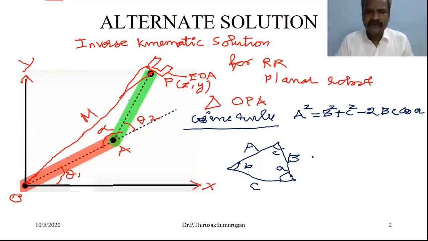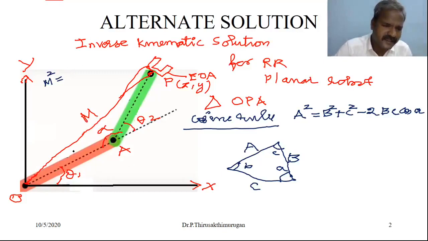I am using this cosine rule for this triangle OPA. From this triangle, what is M? M square equal to, the other sides are link length L1 and link length L2. The three sides M, L1, L2 are the three sides of the triangle.